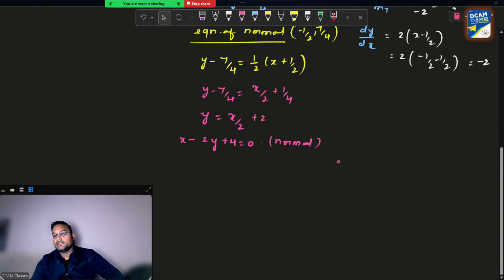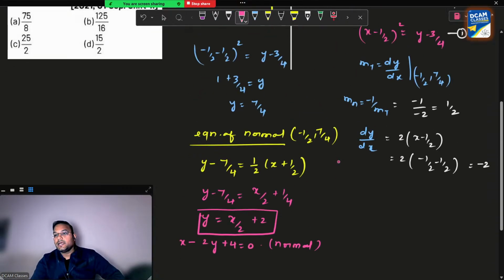The equation of this is this. Let me use this equation. The parabola equation is (x minus half) whole square is equal to y minus 3 by 4.